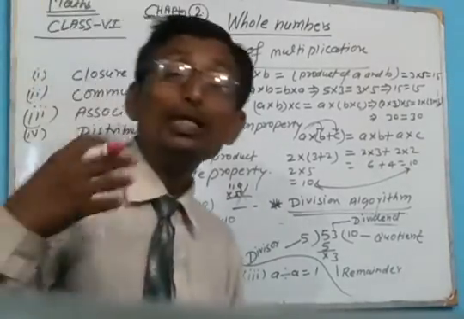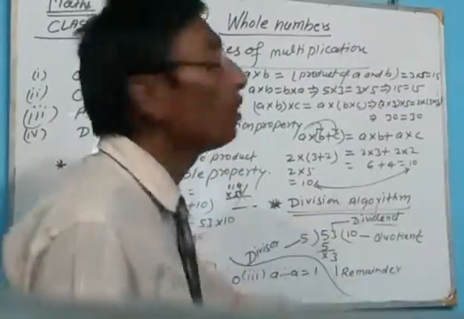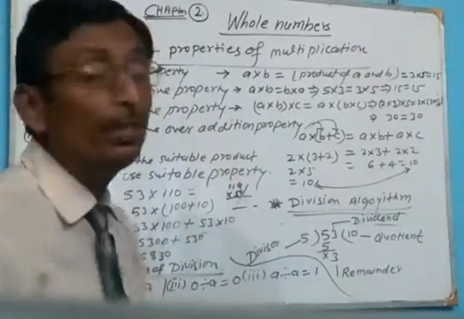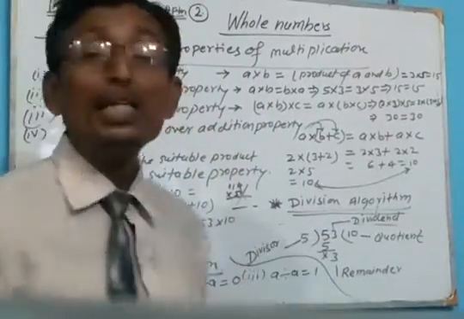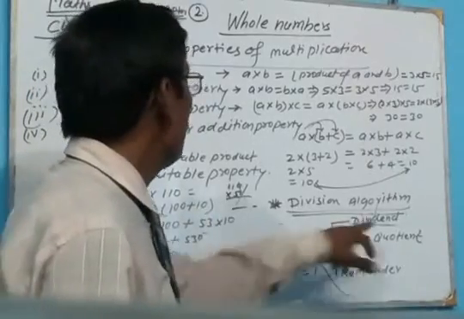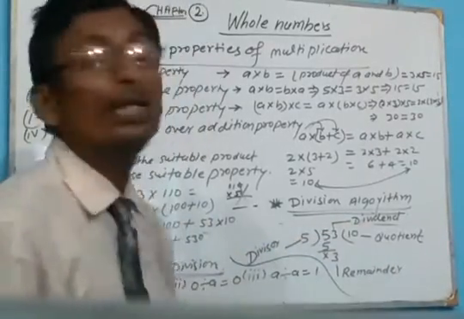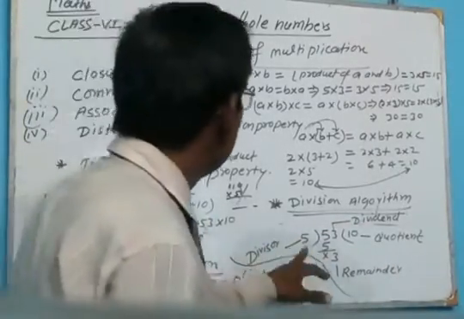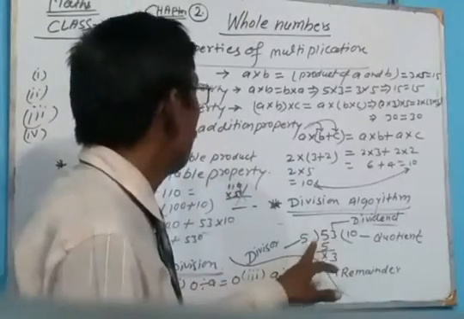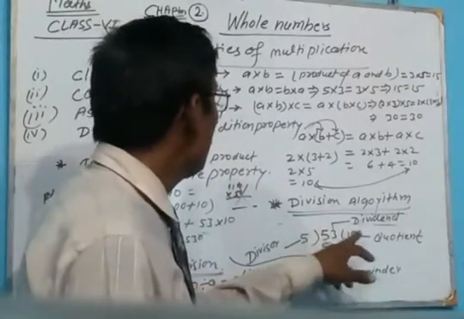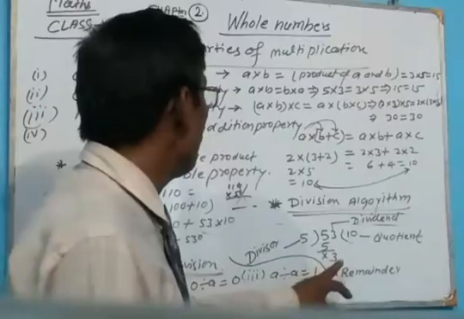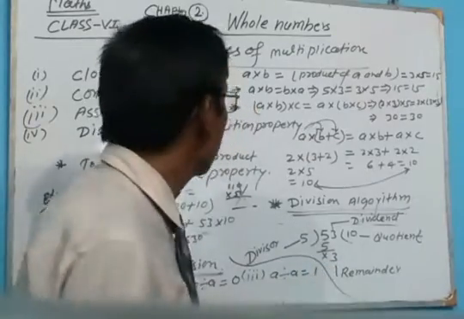Then comes the next term, division algorithm. What is division algorithm? It is the relation between the divisor, dividend, quotient and remainder. When we divide 53 by 5, the quotient becomes 10 and the remainder is 3.